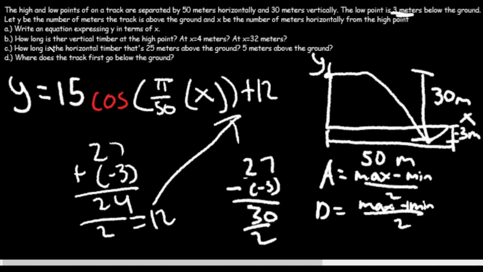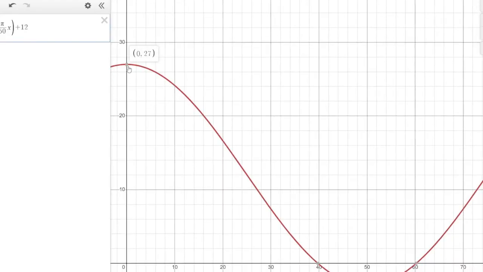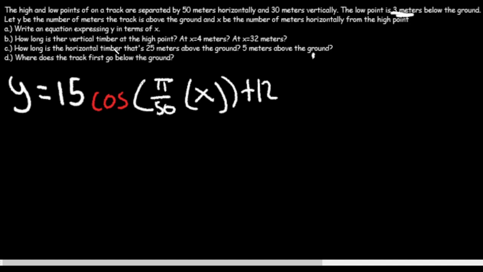The first question asks, how long is the vertical timber at the high point? It asks how high is here. So the high point is 27 meters tall. Let me clear everything and draw another graph right here.